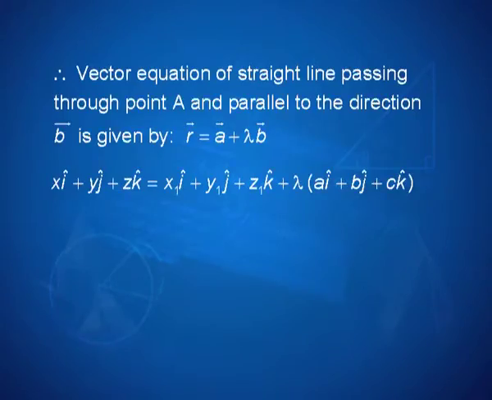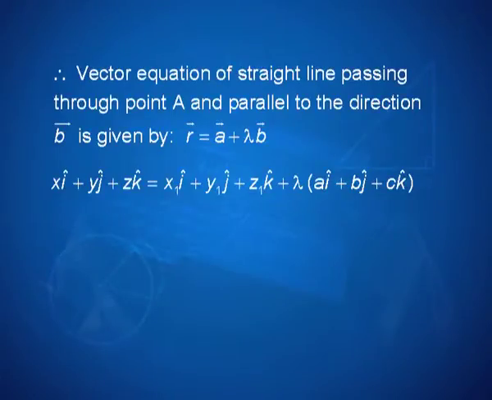Again, it is essential for us to translate this information in Cartesians. So, if I replace vector r, vector A, vector B in terms of their components, then I get an equation of the kind x i cap plus y j cap plus z k cap equal to x1 i cap plus y1 j cap plus z1 k cap plus lambda times the vector B getting replaced by a i cap plus b j cap plus c k cap.